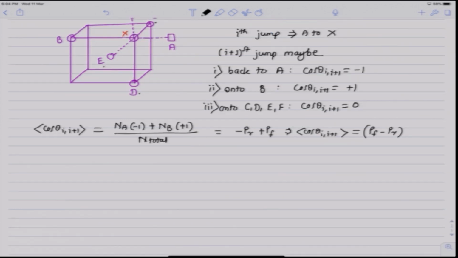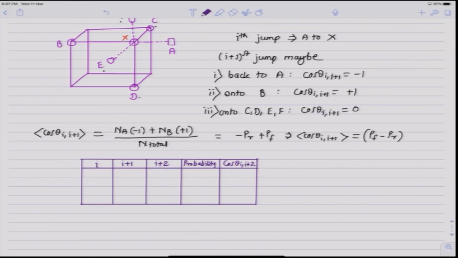Now, let us consider the combination of the ith and i plus second jump. For that, we need to consider all the sequences of i plus 1 and i plus 2, because the i plus 2 jump will depend upon the i plus first as well as the ith jump. So, let us consider this table here. Let us denote the jump of X from left to right by a right arrow and from right to left by a left arrow.